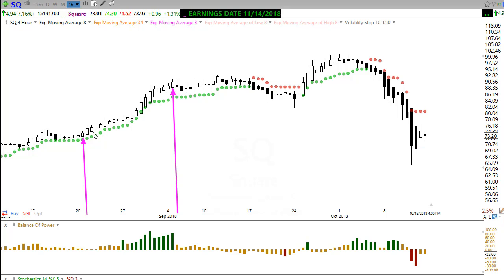Now, I would tell you honestly, there's no way I would probably be hanging. If I had this much profit in a trade, I'd be taking the profit. But if you just blindly follow the volatility stop, you don't get stopped out until all the way over here. So you're not day trading, but you're getting early entries.